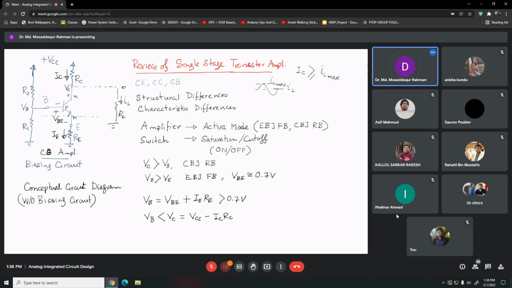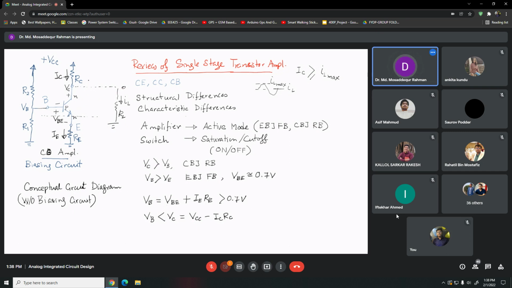Otherwise, you have biased the transistor in the active mode, that is okay, but your transistor will not be able to supply the required current to the load. And when the load current tries to exceed IC, the transistor will turn off, right? So that is one requirement you need to satisfy.